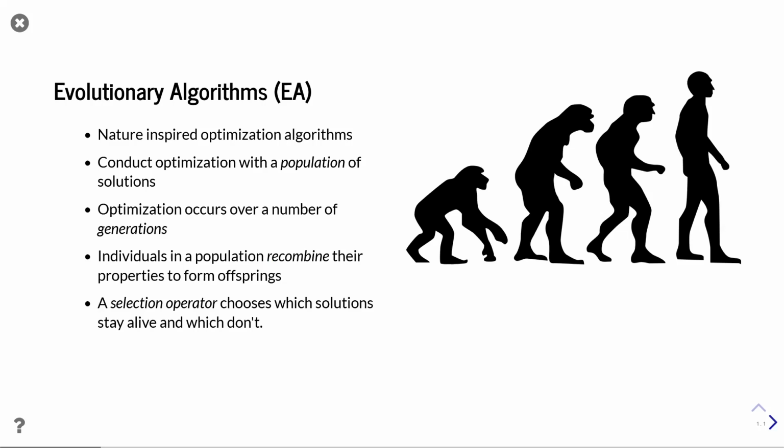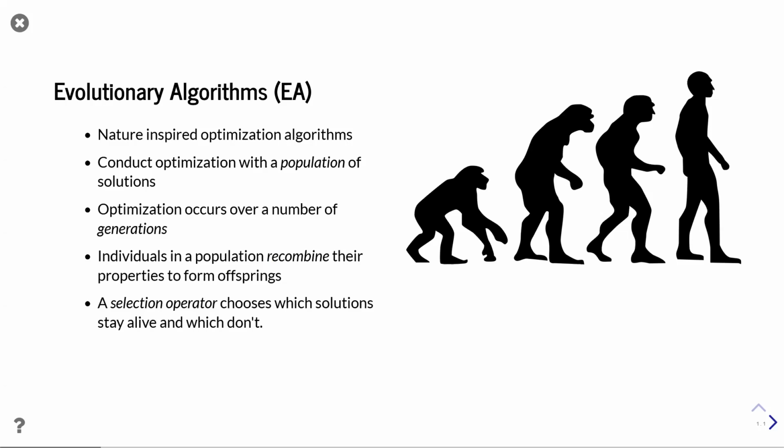So these solutions represent, at least during the initial parts of the optimization, a random set of values for these decision variables that I talked about. And many of these solutions sometimes combine with each other, share their properties, share their decision variables, and create new solutions, which we call offsprings.